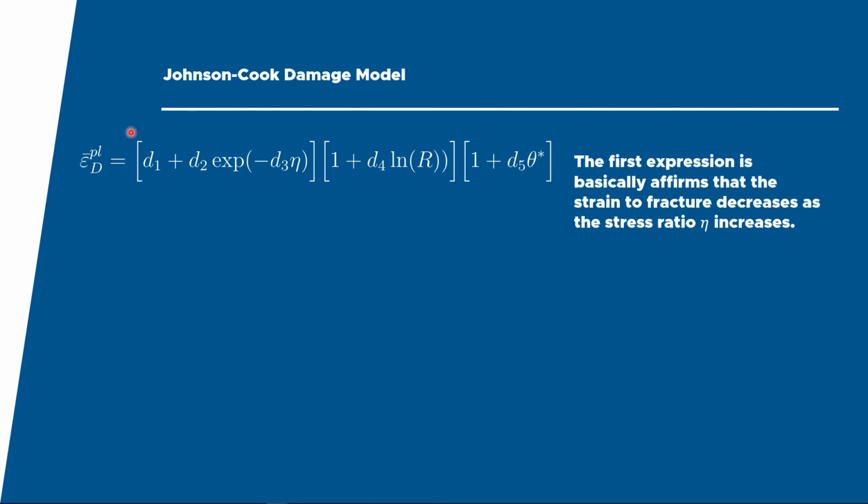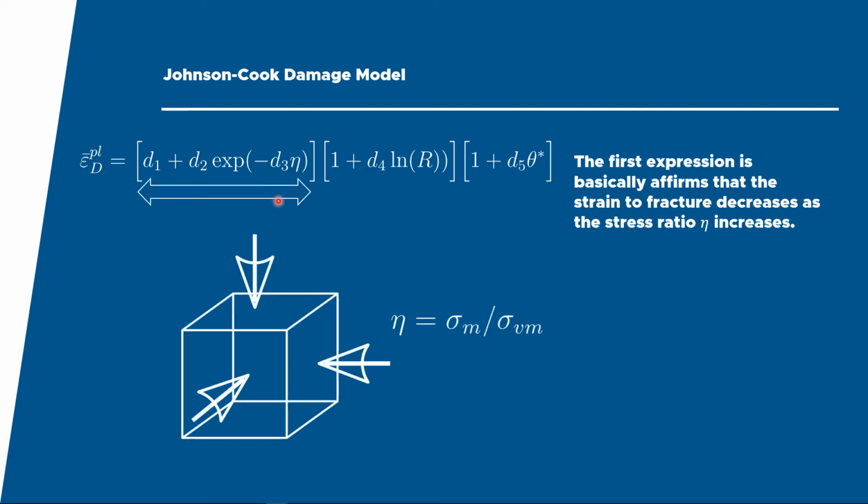If we take a look at the first two pairs of brackets in this damage model, we can see that when the eta coefficient increases, or in other words, when this ratio increases, the equivalent plastic strain at failure decreases.